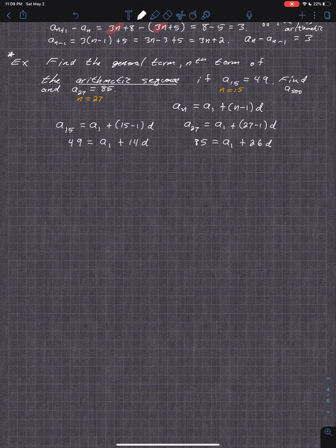And so now, put that in this form. So check this out. A1 plus 14D equal to 49. And then A1 plus 26D equal to 85. What does that look like?